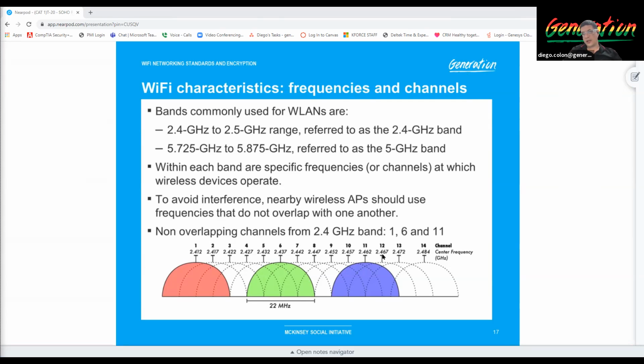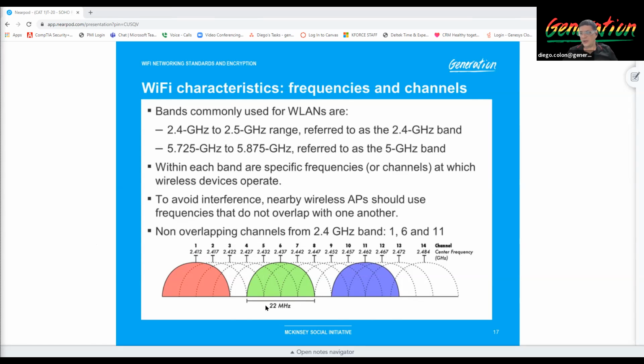If we look at the chart that we have here, channel 1 starts at this range here and it bleeds into channel 2 and 3. Therefore, I shouldn't use channels 2 and 3 because they bleed into channel 1. But if we look at channels 2 and 3, you'll notice that they also bleed into other channels. Each zone bleeds into the other zone.